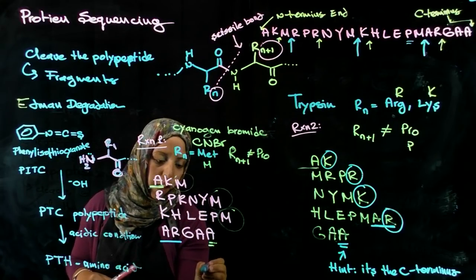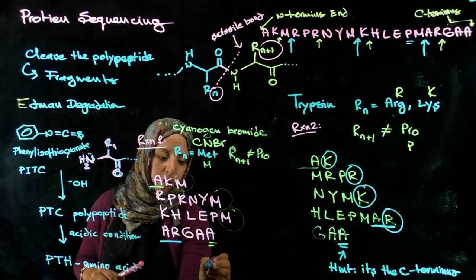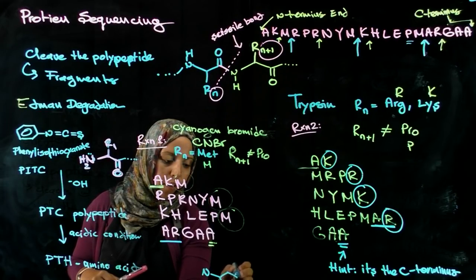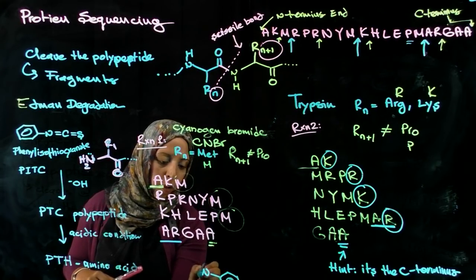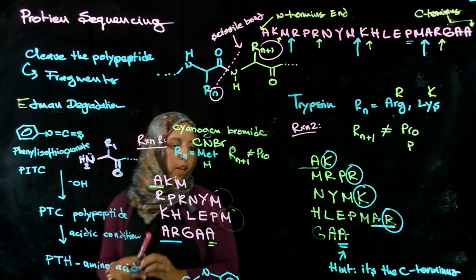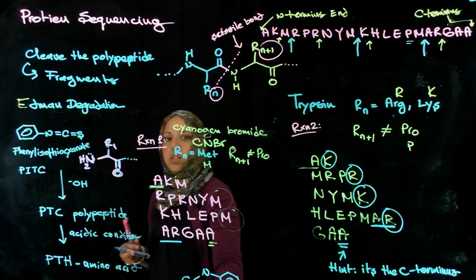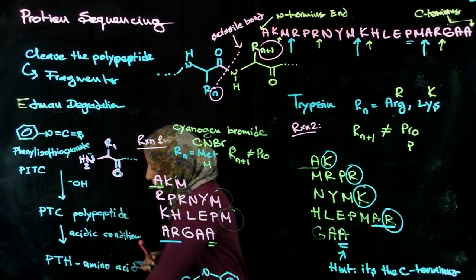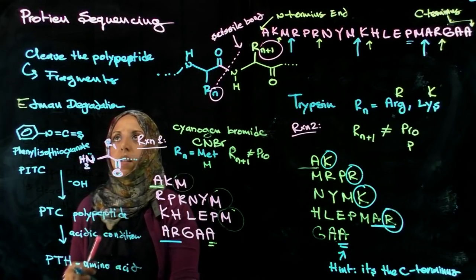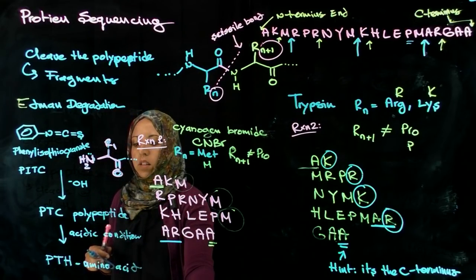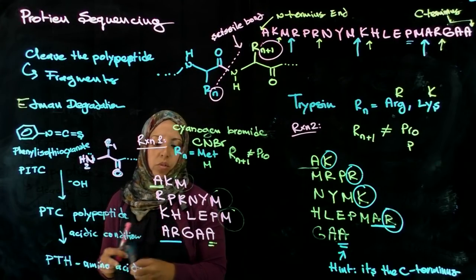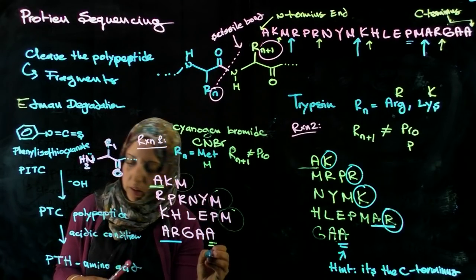All right, so what we get is an adduct where we have the nitrogen, we have that phenyl group, we have the carbon that's connected to the sulfur, right? I'll write smaller.